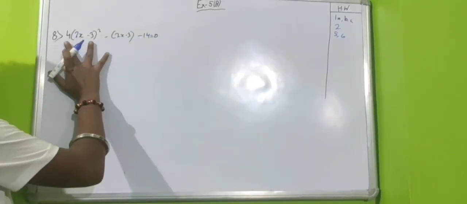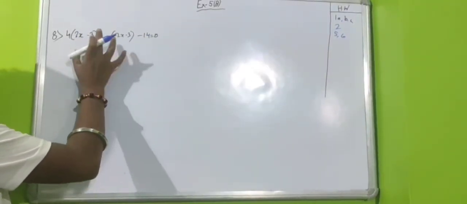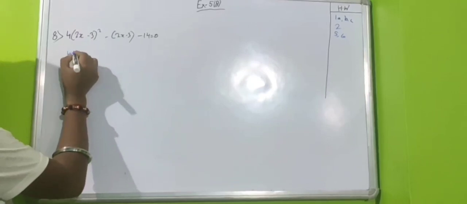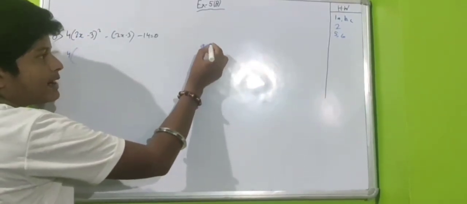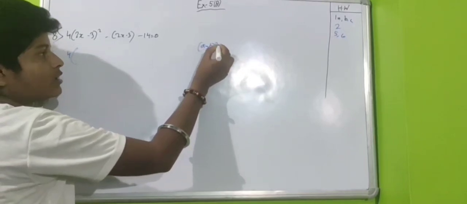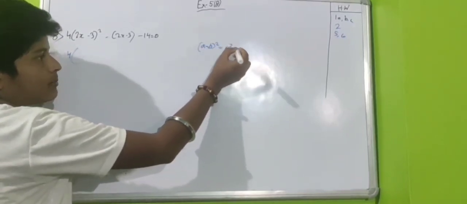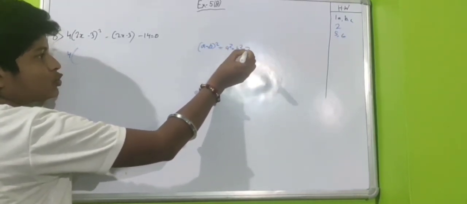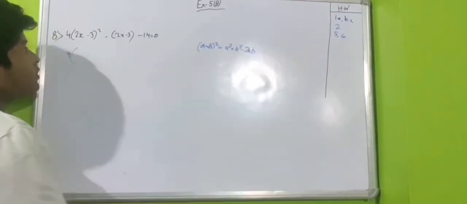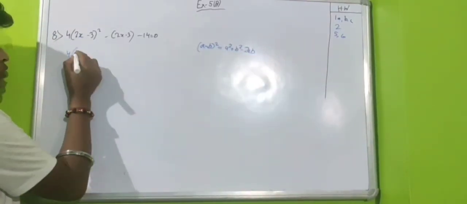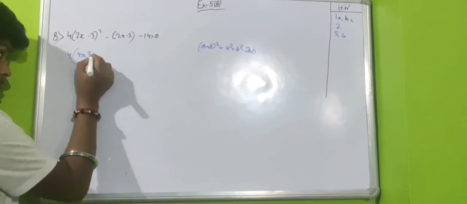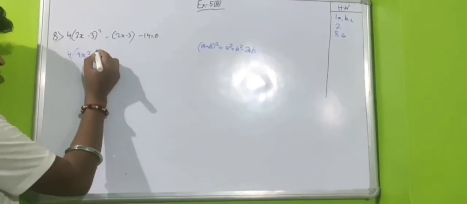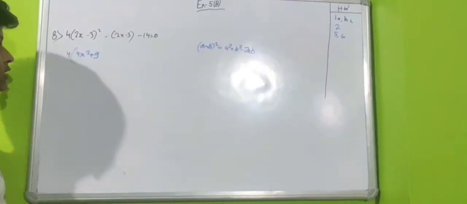Here first you have to solve 2x minus 3 whole square. So according to the formula, a minus b whole square is equal to a square plus b square minus 2ab. So here a is 2x, so we will have 4x square plus b is 3, 3 square is 9.